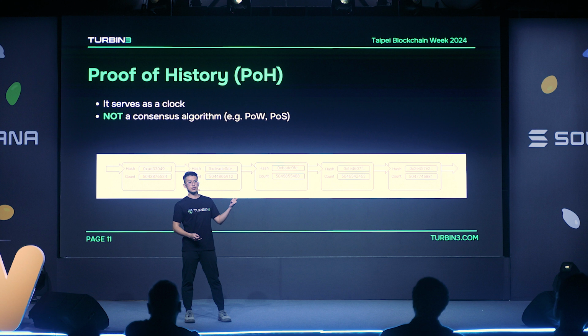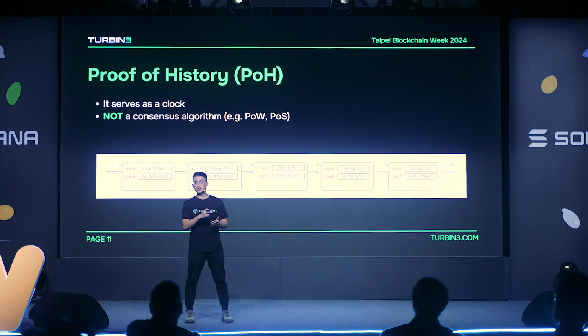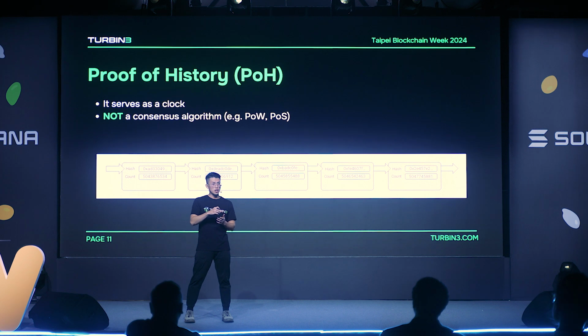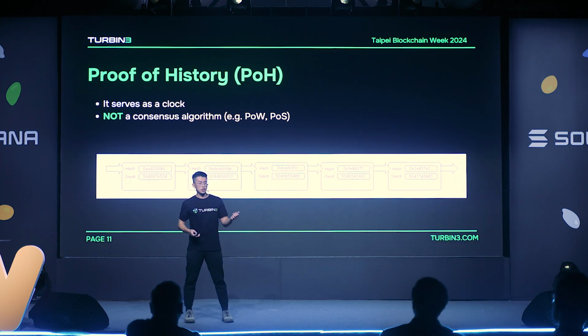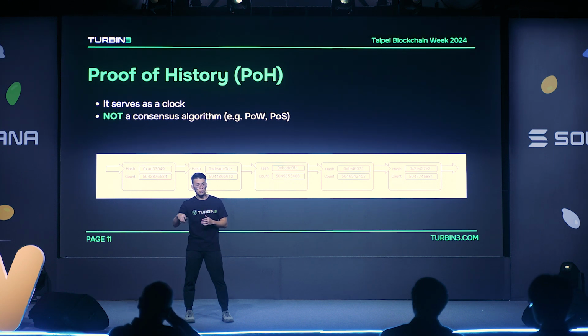Actually, proof of history works as a clock service, so it will keep hashing its previous hash. By doing this, we will know how much time has passed in the network.